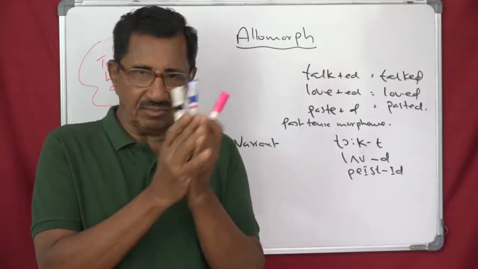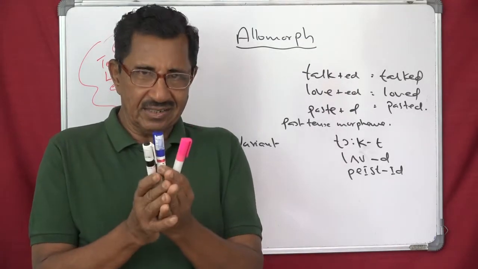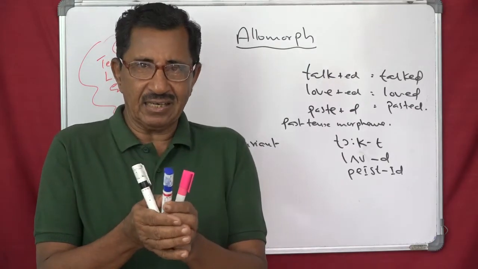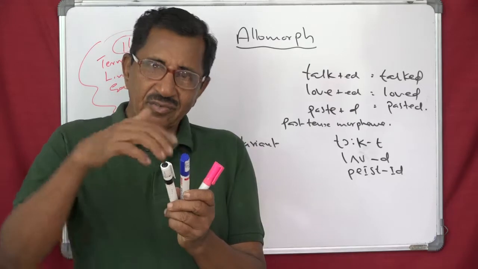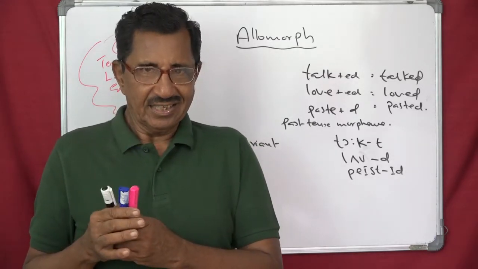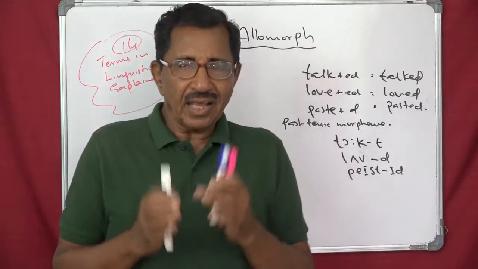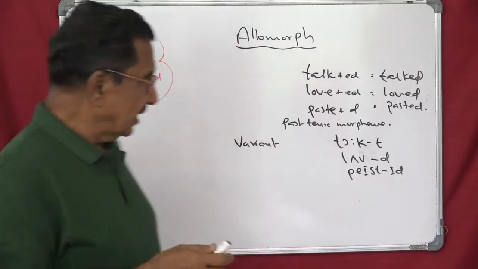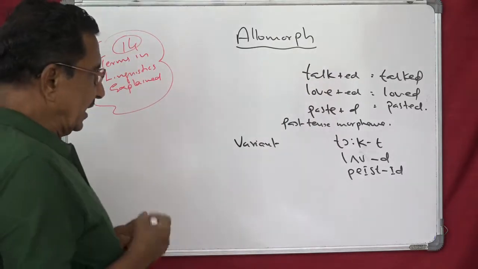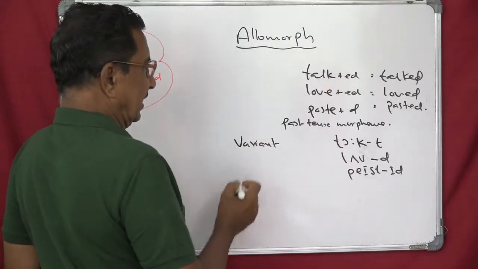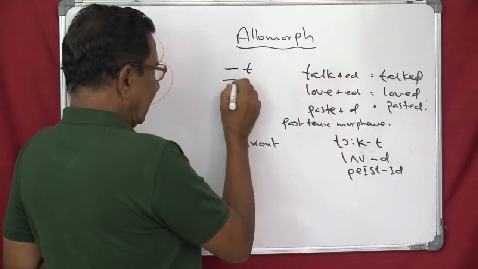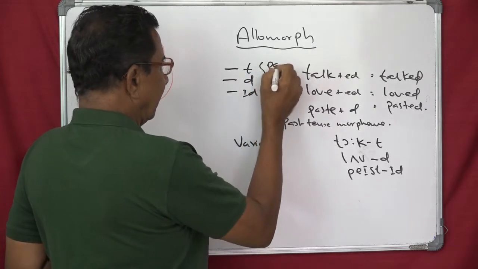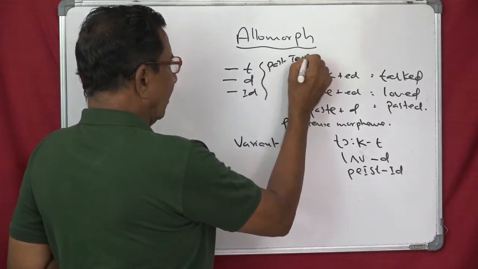These are whiteboard markers. This is a pen, this is a pen, this is a pen, but the difference is in color, so we call it different forms. But the essence is that they are pens. Like that, the essence here of t, d and id is past tense.